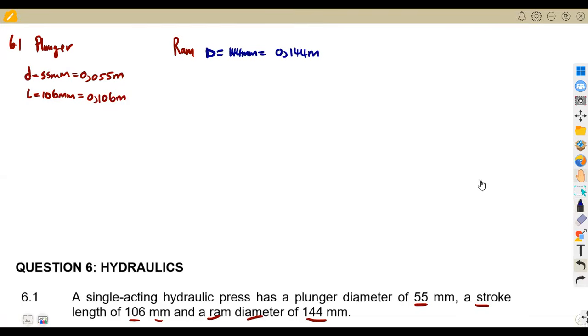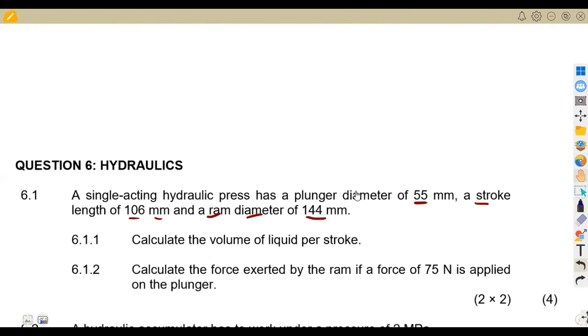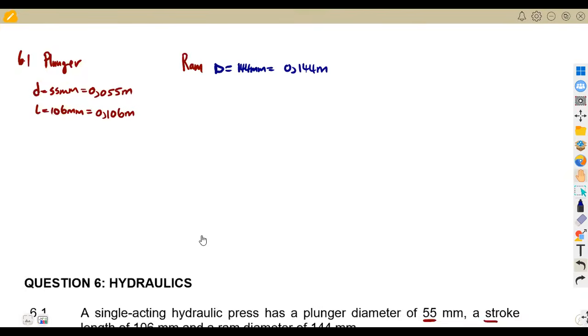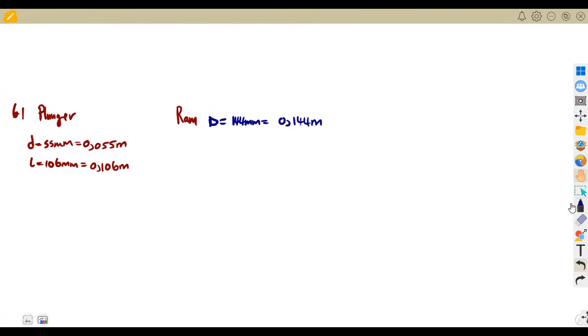All right, then from this information, the question is: calculate the volume of the liquid per stroke. How are we going to have the volume? We understand that the volume can be taken from area times the stroke length. On this section we do not have a corresponding height, because if we had, the volume would be the area times that height.